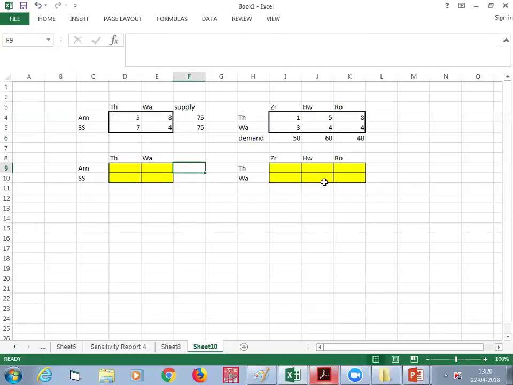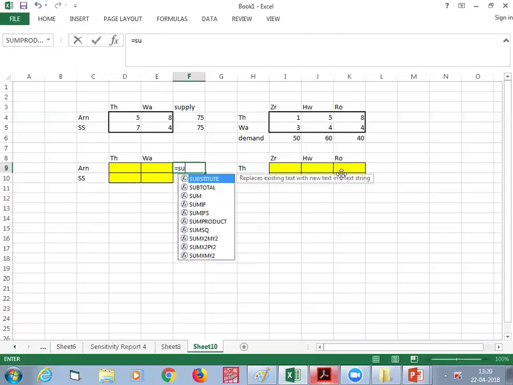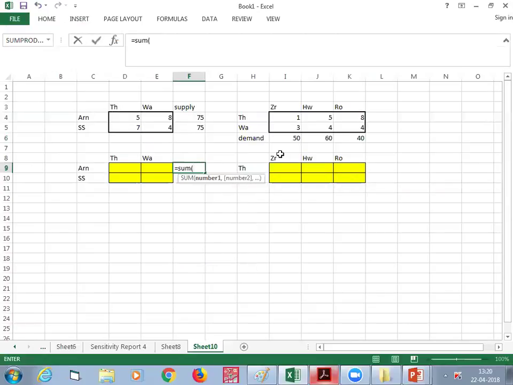Now, supply constraints will come as row sums here. Demand constraints will come as column sums here. Right? And intermediary constraints.